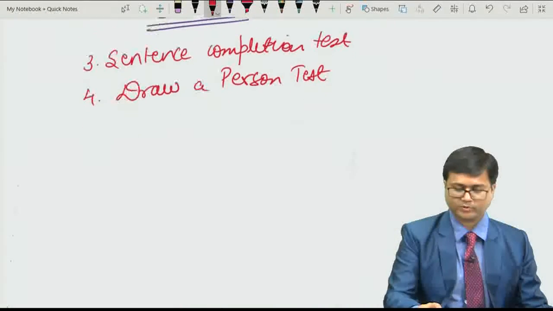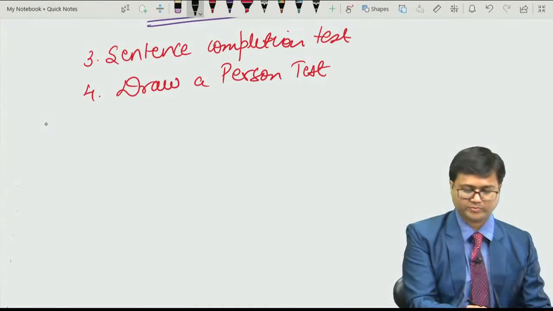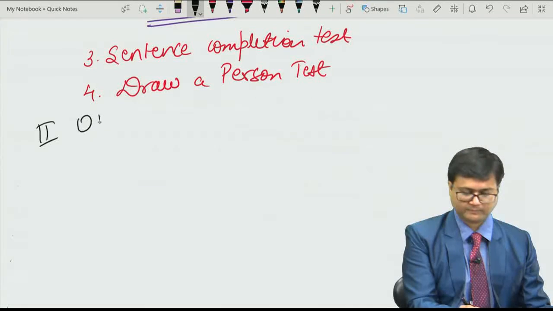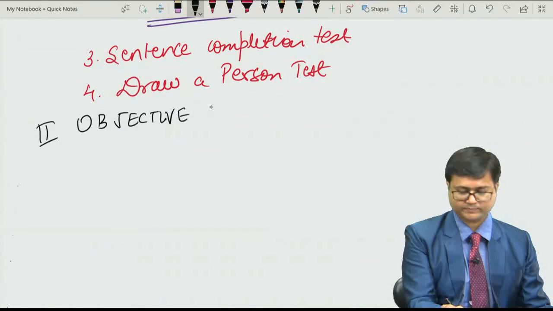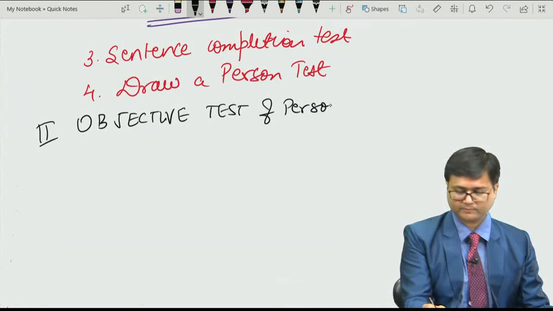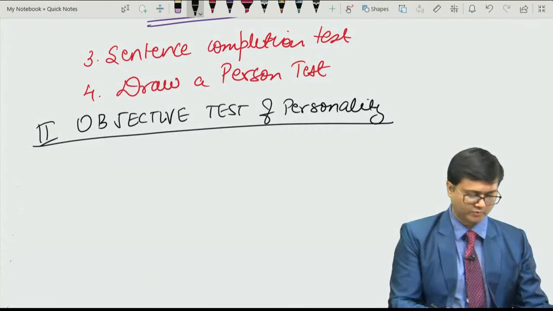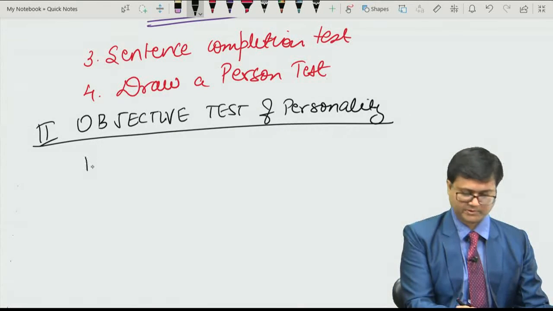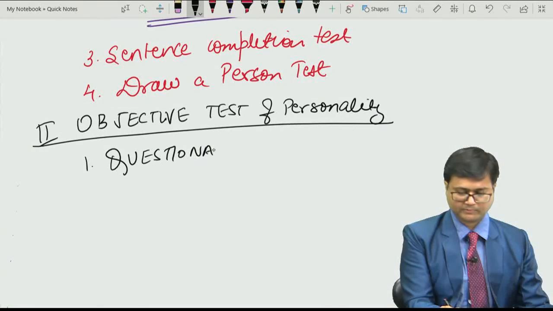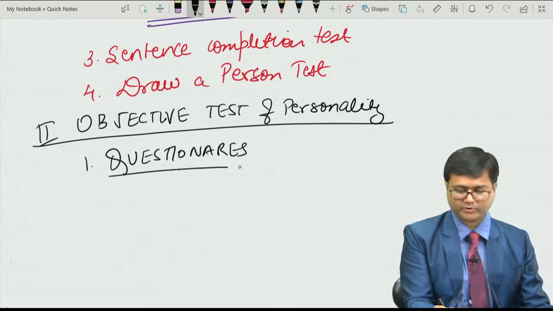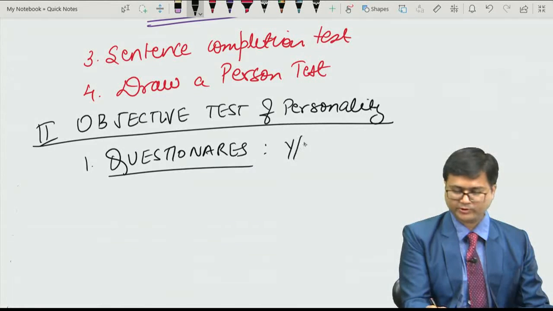Now coming to some of the objective tests of personality. Some of the objective tests include various questionnaires where the person is asked to answer in yes or no or true or false.